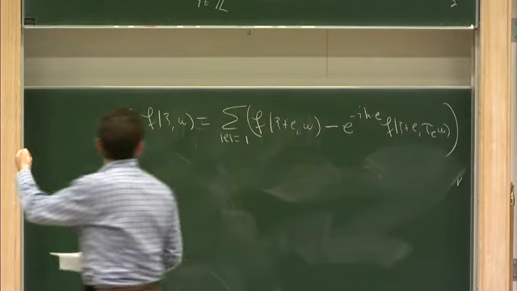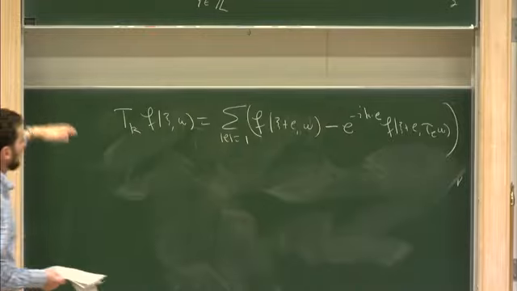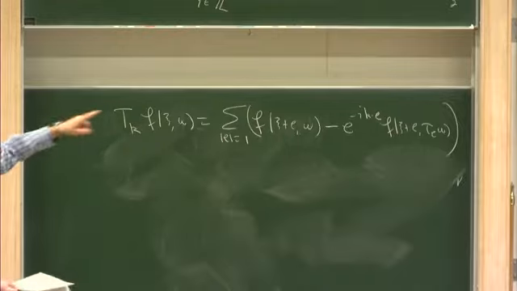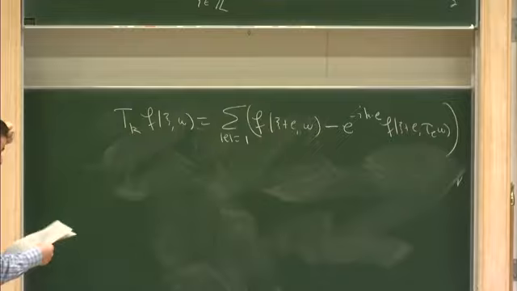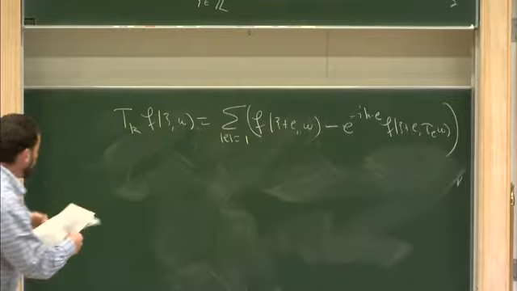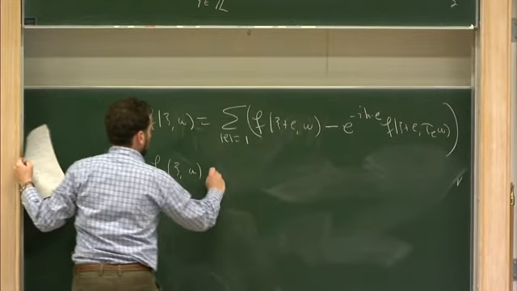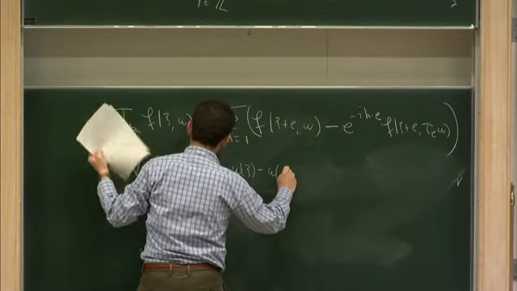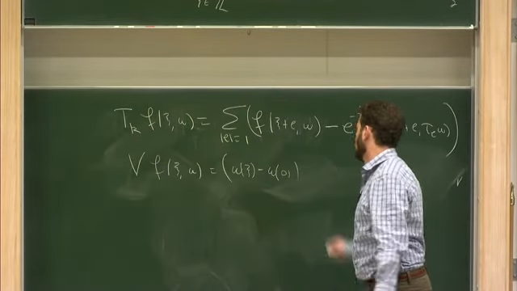The kinetic term, when acting on the variables x and c, does hopping in both x and c, and when you work it out in the translations, you get exactly this representation. And then V, which comes from the random potential, is a multiplication operator with respect to a function of omega.